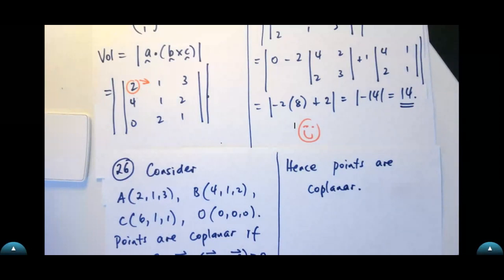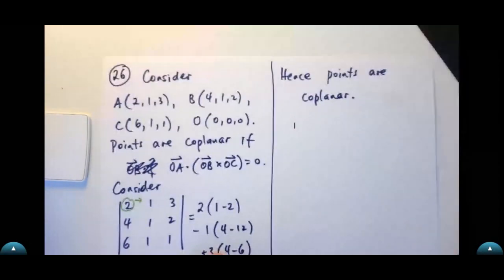A box has zero volume if and only if one of the measurements is zero. And if that's the case, all the points lie in the same plane. So let's have a look.